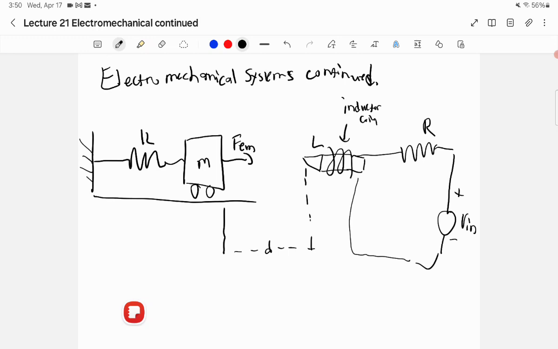It feels an electromagnetic force whenever it is close to the inductor coil here. There's a separation distance d between these two things, and this is obviously our idealized circuit that we have over here.